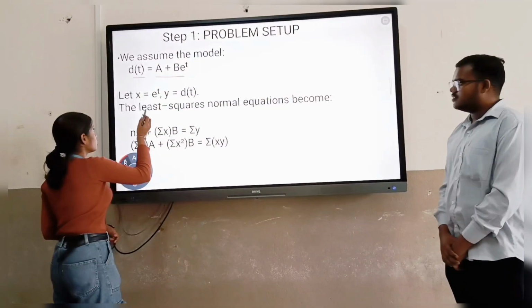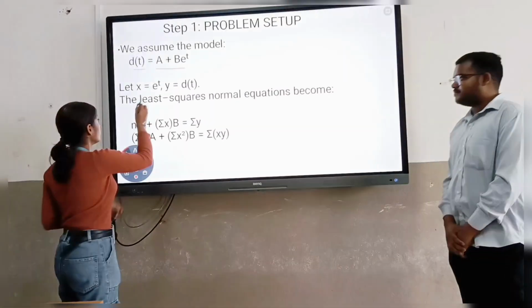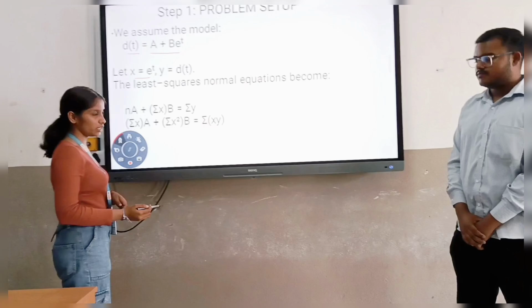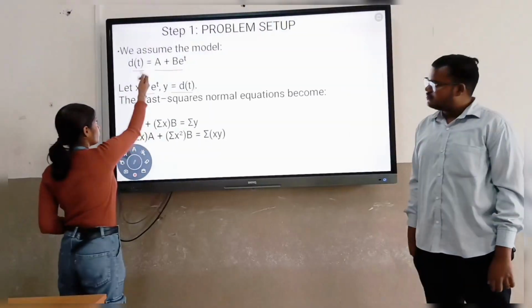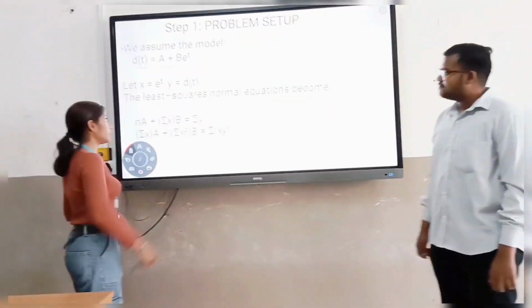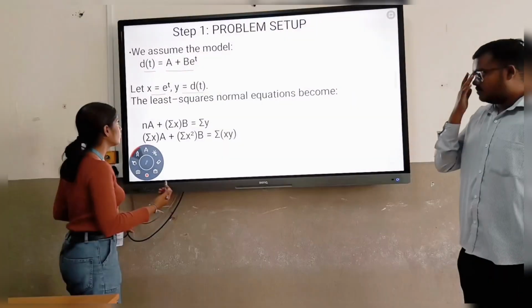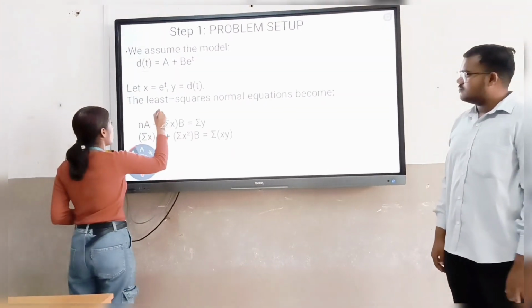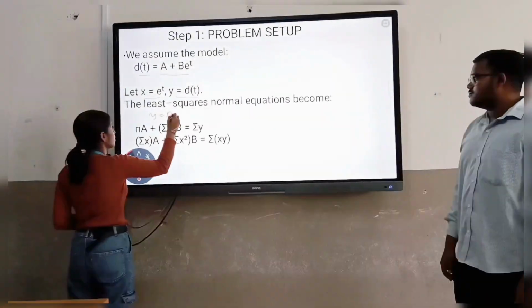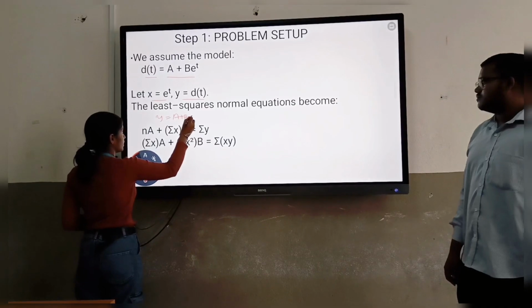In the question, we'll suppose that x is equal to e raised to t and y is equal to d of t. Now we'll form an equation with the help of these, that is y is equal to a plus b x.